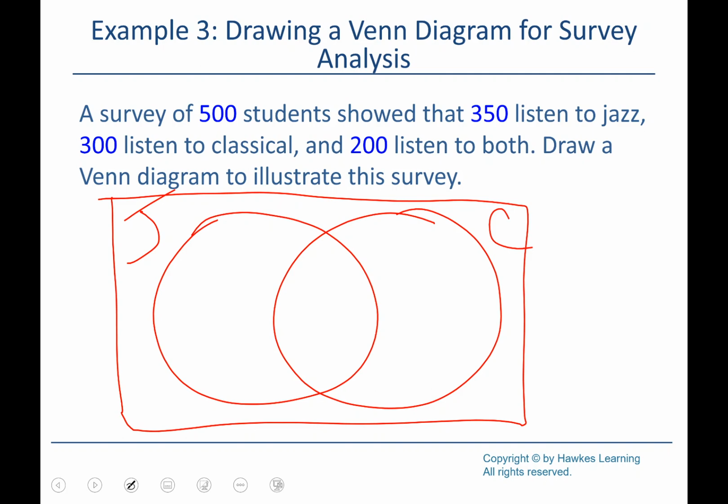The reason why I'm telling you to start there is because when we're counting the ones that are in both sets, if you remember that inclusion-exclusion principle we mentioned, if you're not careful, you end up counting those people twice. And we don't want to do that. So here, how many do we have in the overlap? 200, yeah. We had 200 people that said they listened to jazz and classical. So 200's in here.